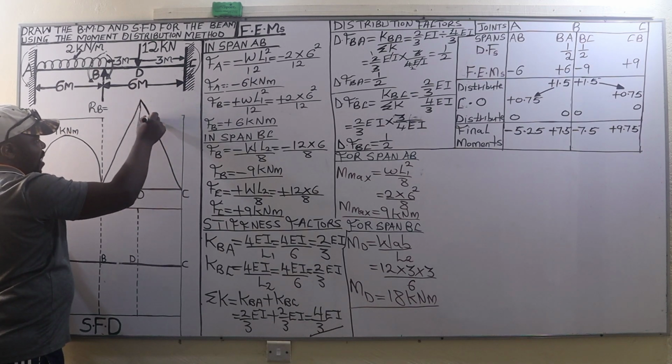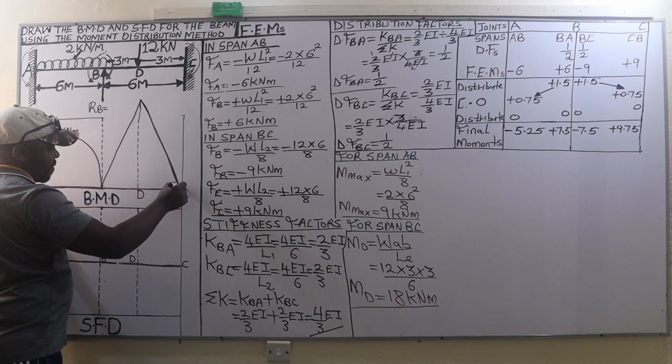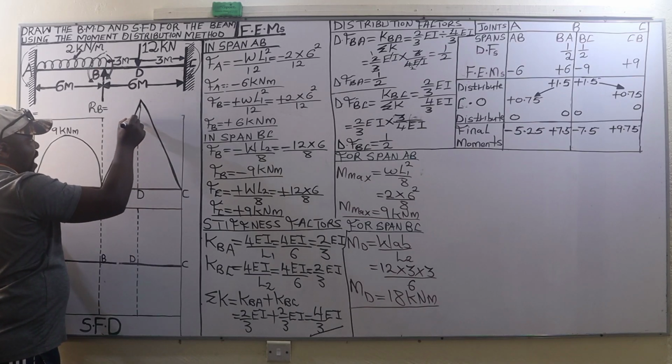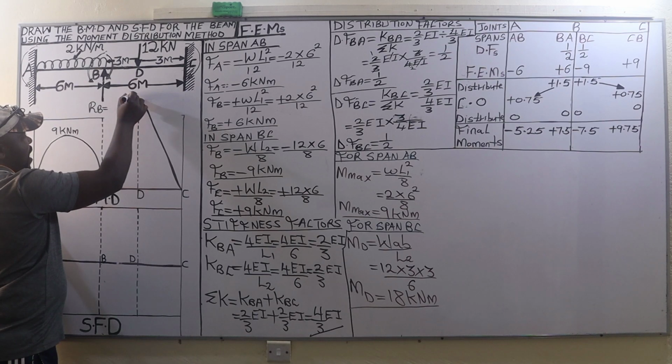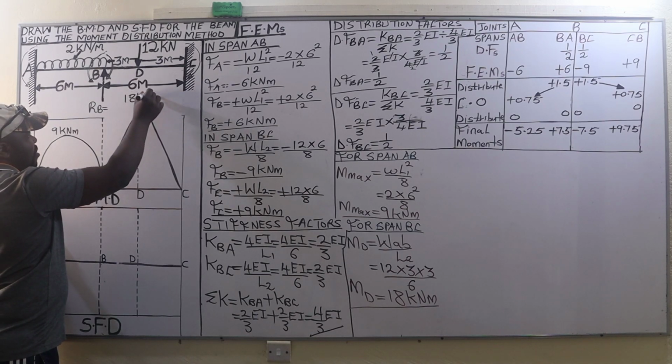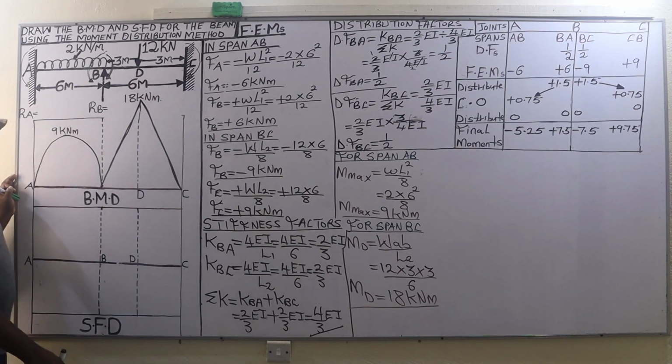So that is a bending moment diagram for the span BC, having a maximum bending moment of 18 kilonewtons meter. So that is it.